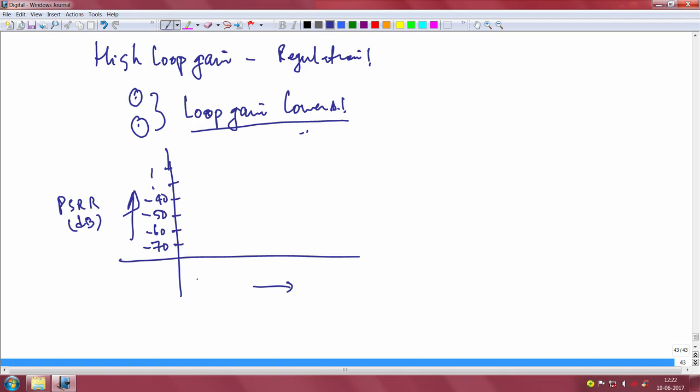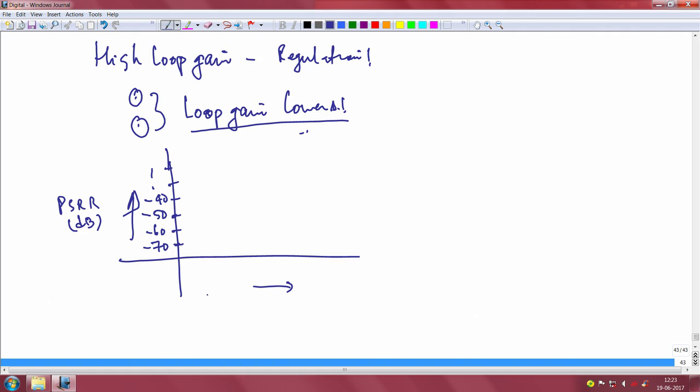So you can say an LDO which has a PSRR of minus 70 is much superior compared to an LDO which has a PSRR of minus 50. Clearly the minus 70 LDO is a superior one, that is one part.